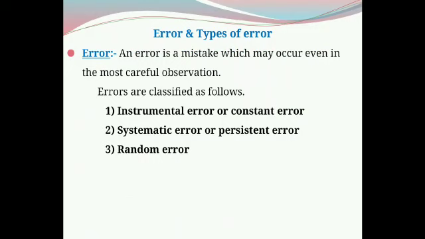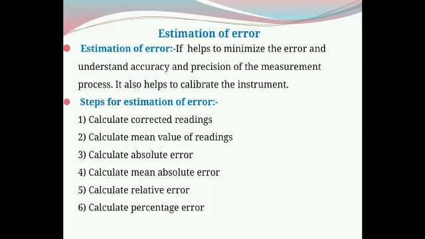And random error means the error caused due to experimental conditions and human limitations. There are some methods to minimize the errors, called estimation of error. These methods help to minimize the error, understand the accuracy and precision of the measurement process, and also help to calibrate the instrument.